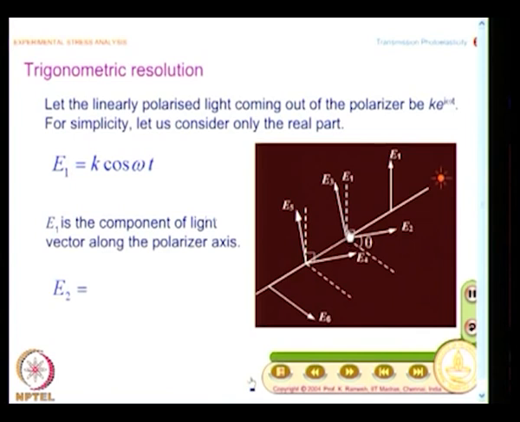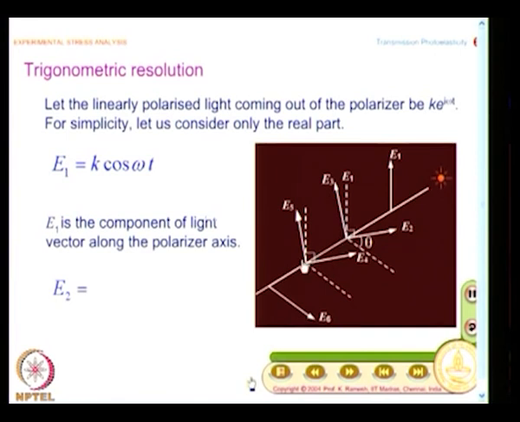As soon as it hits the model, you have the amplitude split along directions E3 and E2. So, you can write what is E2 and also what is E3, it is fairly simple. You make your own attempt, then I will show you.